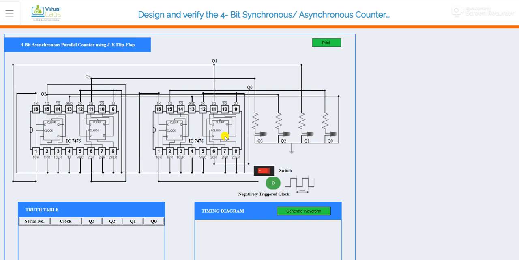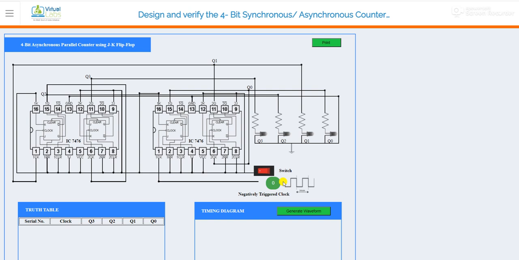Okay, so all the connections are already provided to us. We have to check the outputs by applying the number of clocks. Whenever we click on this clock, this is a negative triggered clock. As I said earlier, there are four parts of a particular clock.